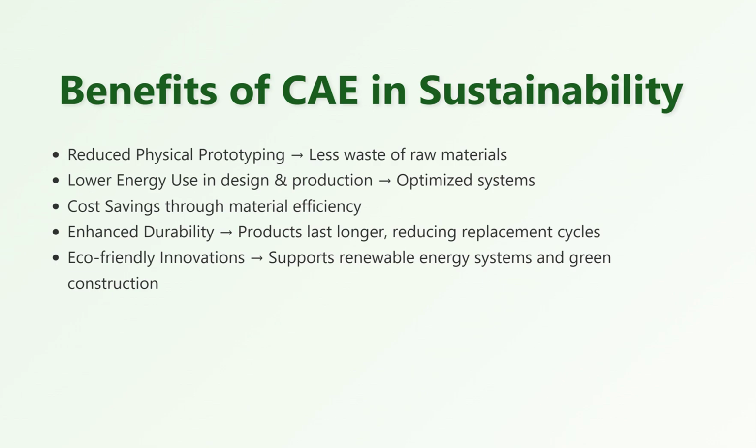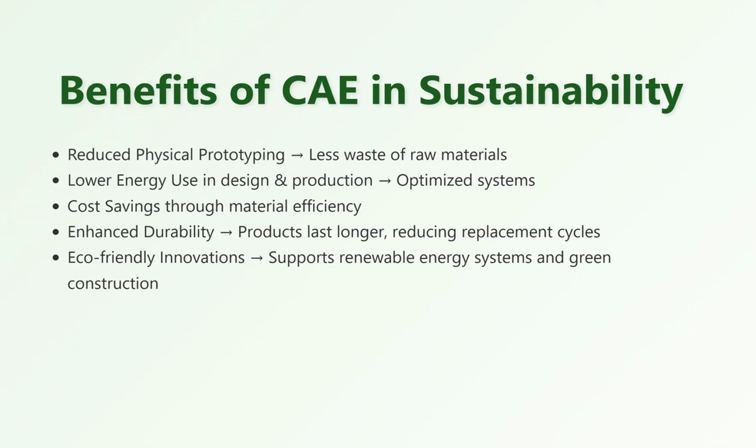You are able to understand the design for failure and manufacturing, at which point will the system fail when you subject it to real world scenario as vis-a-vis when you're doing your analysis. So this one helps us to enhance durability, ensure the product will last longer, and you are reducing the replacement cycle, so that this helps us to improve sustainability.